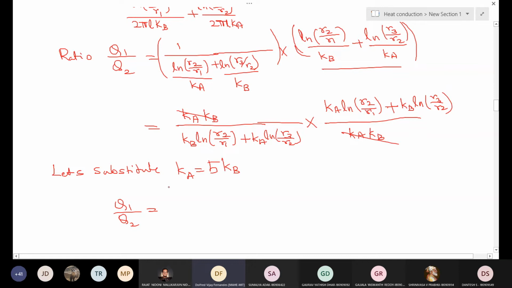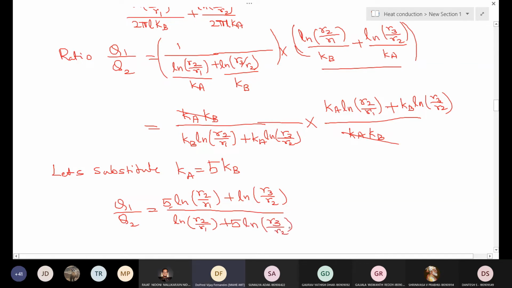So we can take it out and I'll write 5 times ln R2 by R1 plus ln R3 by R2 there. And here Kb is there, 1 times ln R2 by R1. Ka is 5 times ln R3 by R2. So everything is eliminated, only radius is remaining now in our equation.